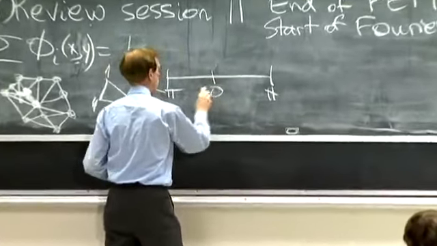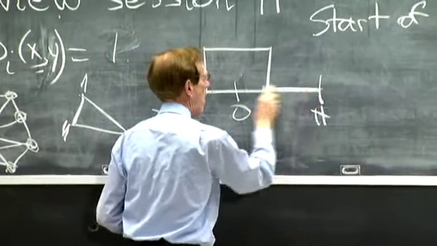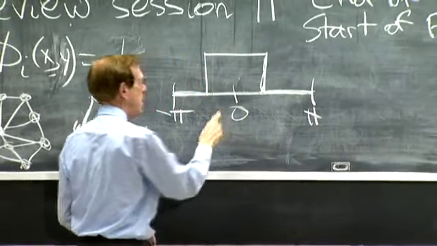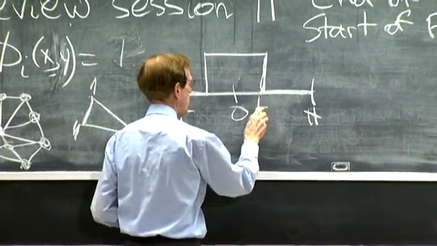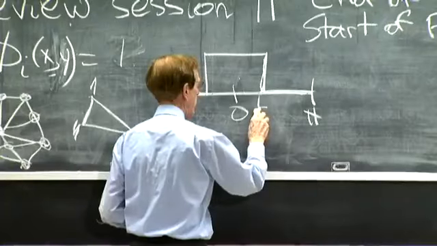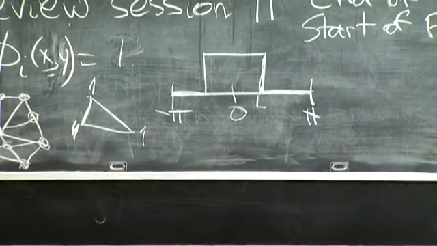Here's 0. The square pulse goes along here, up, square pulse, and down. Actually, maybe let me go to L over 2. I'll call it h.